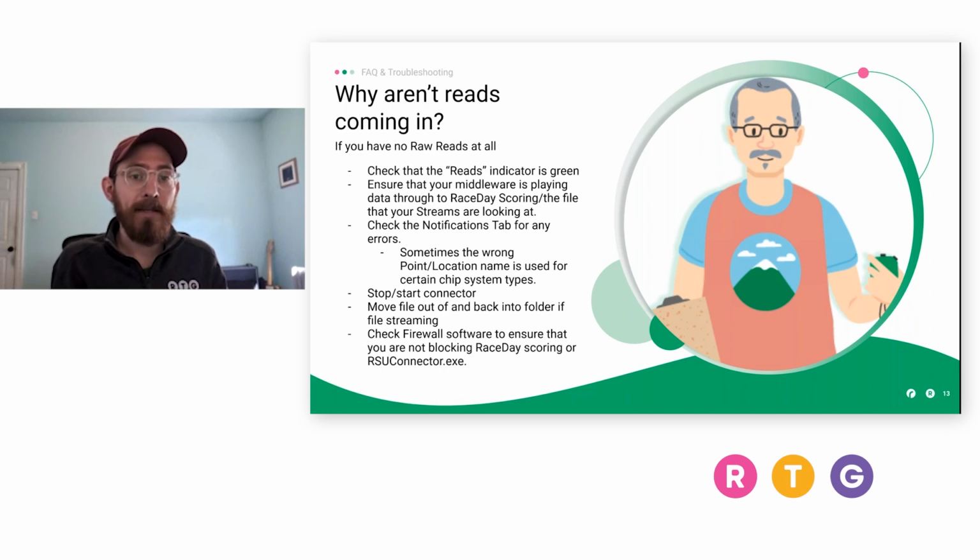So usually that means that the point or location name in your stream is incorrectly set up. What it's saying is it's getting reads for some location or point called start, but you don't have a stream that is set up to look at that or to grab times from that location. So just double check that all of your streams have that setting correct.